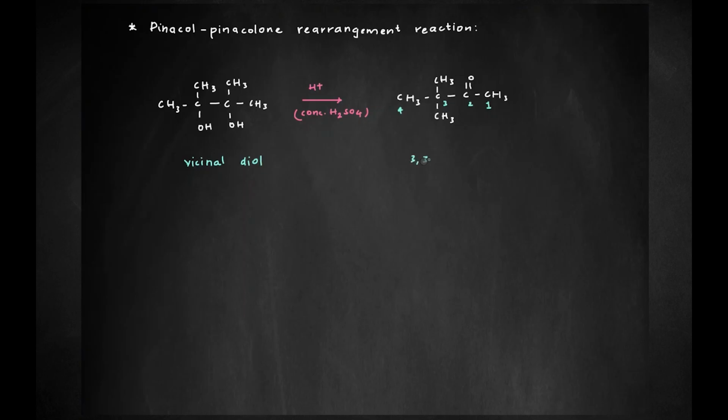So this is 3,3-dimethylbutan-2-one. Okay, so this particular part is called Pinacol, and this is called Pinacolone. Okay, so this is our reaction.